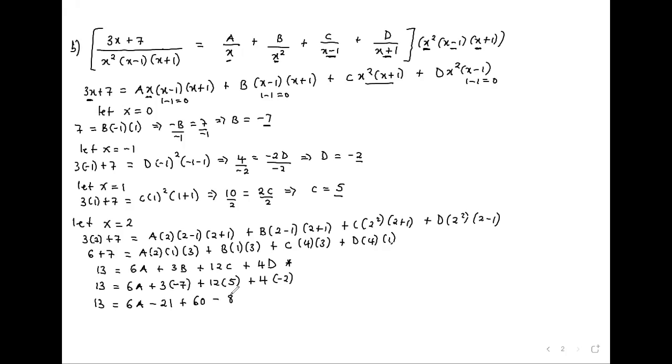So this means that we have 13 is equal to 6a. What is negative 21 plus 60 minus 8? We get 31.